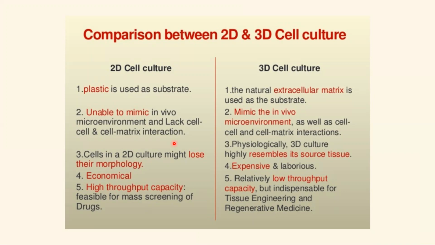And when the cell-to-cell contact is reduced, the cell-to-cell communication is interfered. And when the cell-to-cell communication is interfered, you will never mimic an in vivo microenvironment. And you don't know if what you are deducing from these experiments is reliable, because you are not giving the condition in which they are in a natural environment.